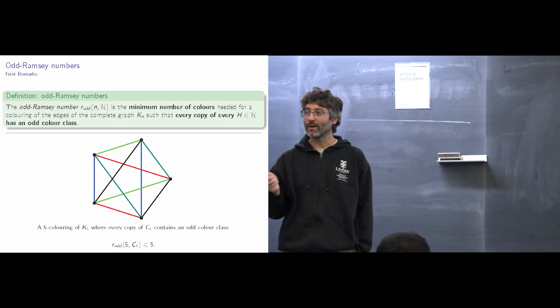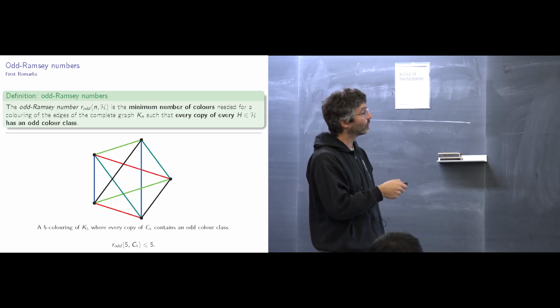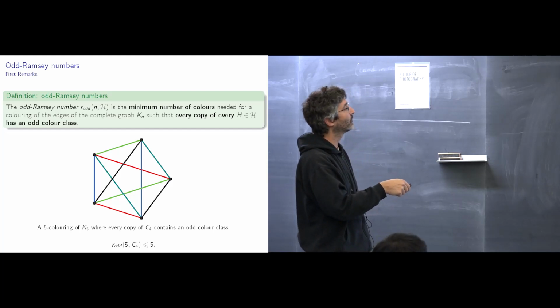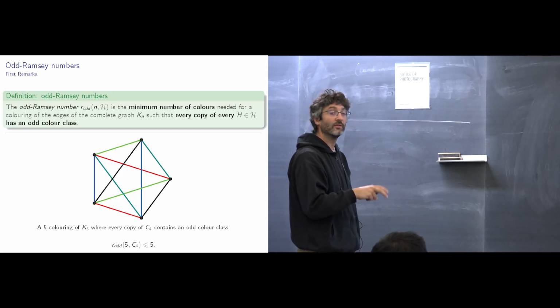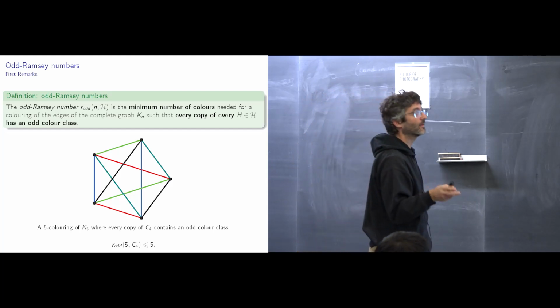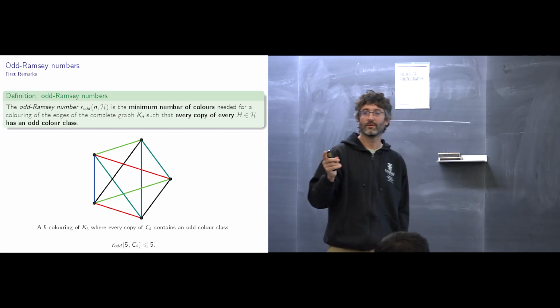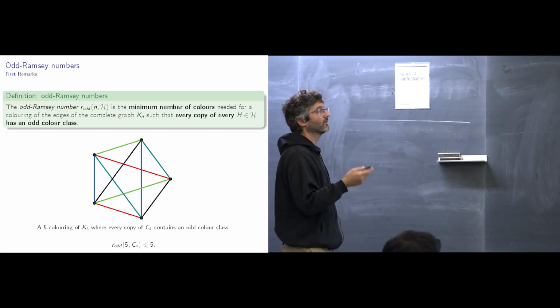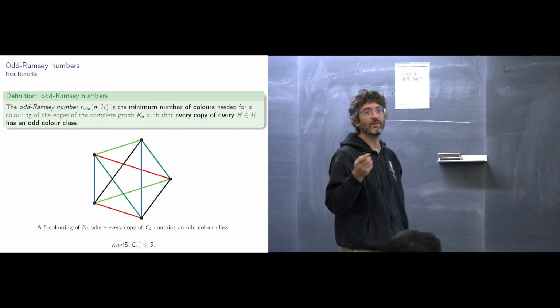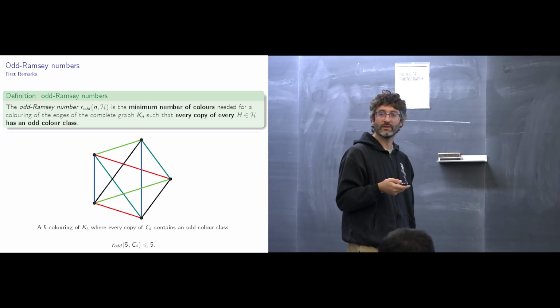We call that the Odd-Ramsey number because if you replace the condition that every copy has an odd color class by saying that every copy contains at least 2 colors, you get back the inverse Ramsey number. The inverse Ramsey number is saying that you want a coloring such that every copy is not monochromatic.